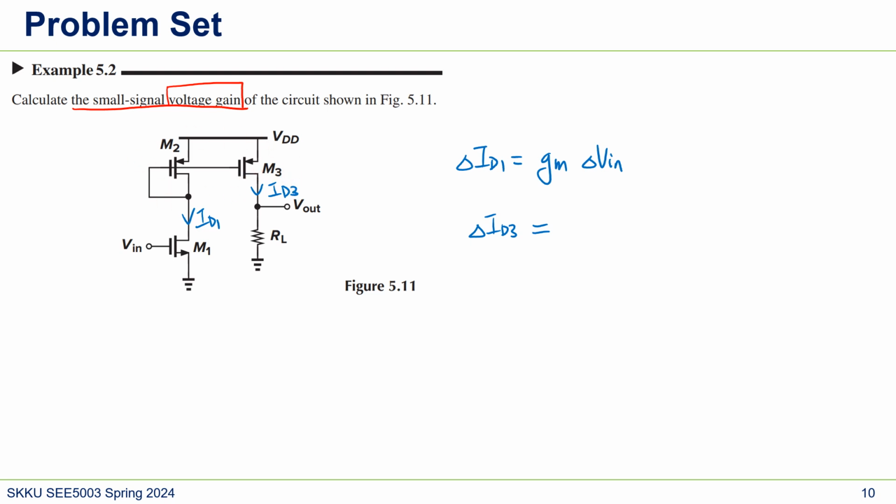So the delta ID3 would be the delta ID2, delta ID1 times the ratio, 2, right? Because those are from here.